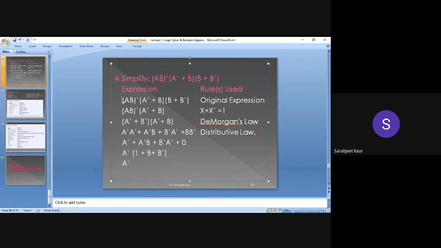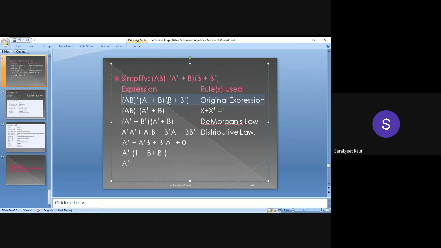So I will upload this file. This is the right solution for this Boolean expression. So when I have to solve this expression, how do we go about it? This is the original expression.